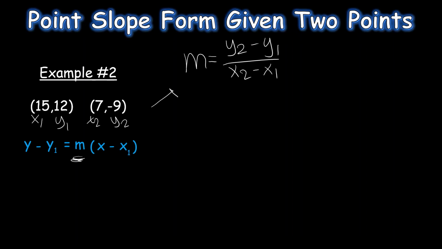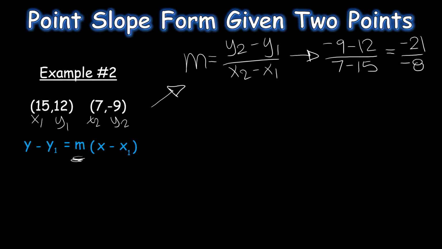Now we just plug those values into our slope equation and we get negative 9 minus 12 over 7 minus 15. And we calculate that to get negative 21 over negative 8. And we know that two negatives divided by each other equal a positive, so we have our slope m equals 21 over 8.